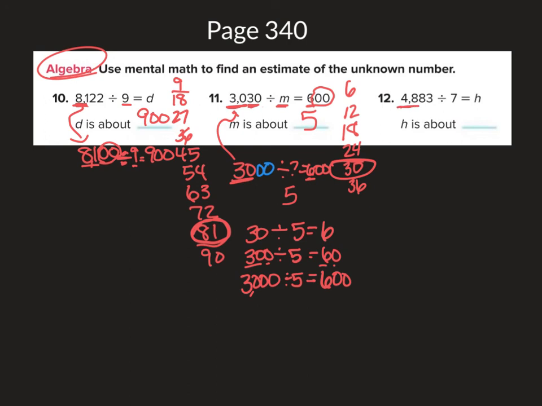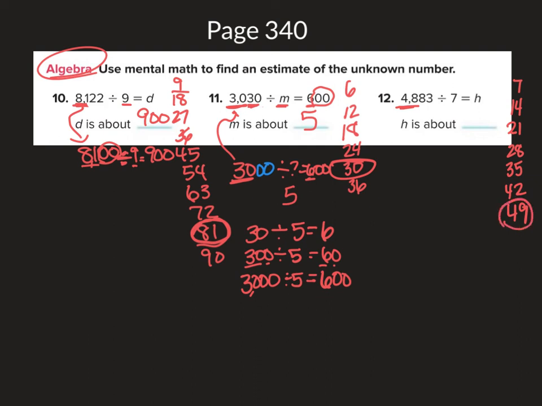So here we're going to be looking for 7. We're looking for something close to 48. Let's do multiples of 7. 7, 14, 21, 28, 35, 42, 49. 49 is close to 48.